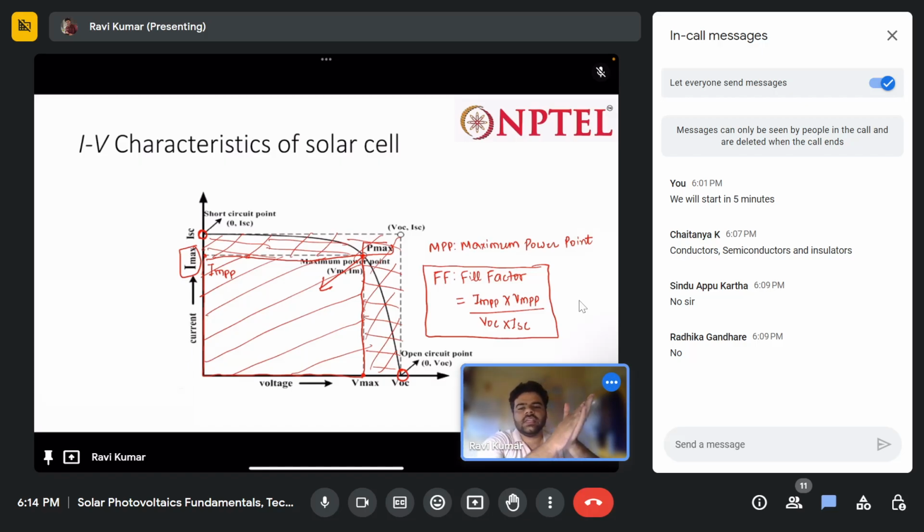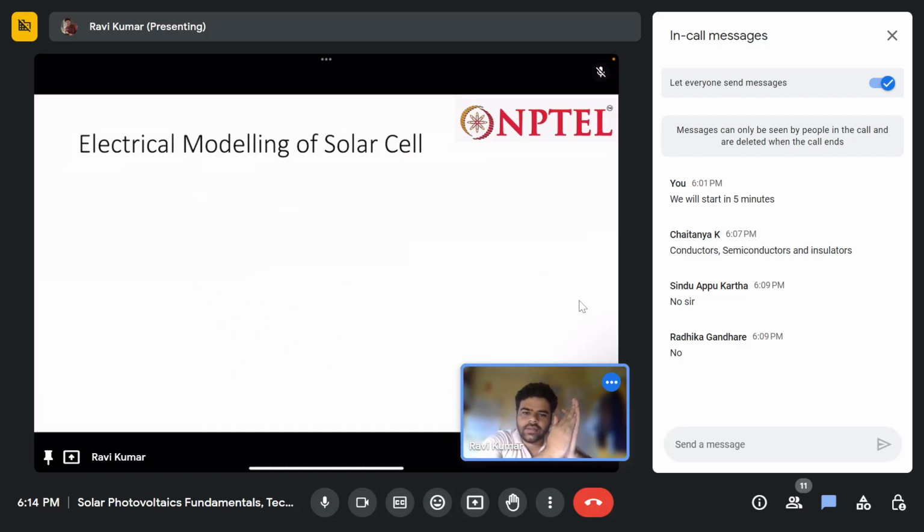Now we have just touched on this topic: the electrical modeling of a solar cell. A solar cell has a PN junction, which is the material side, but we can represent the same thing as an electrical model with symbols.